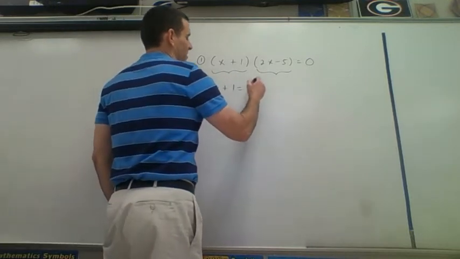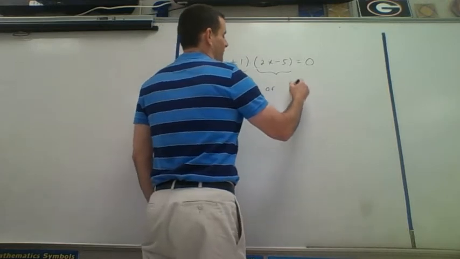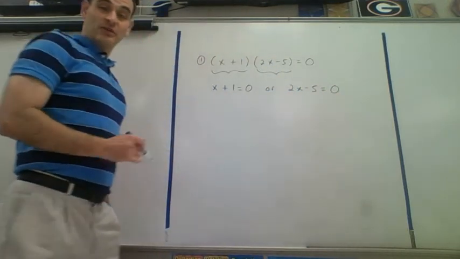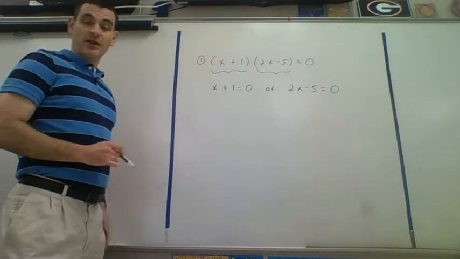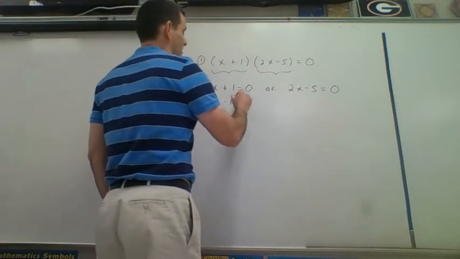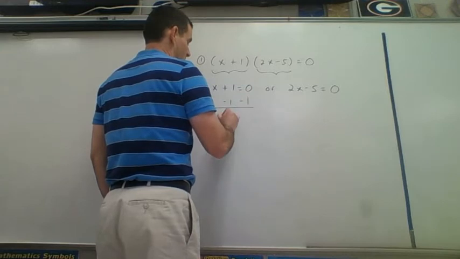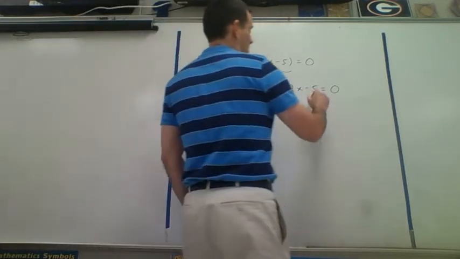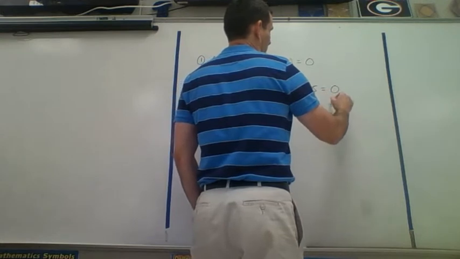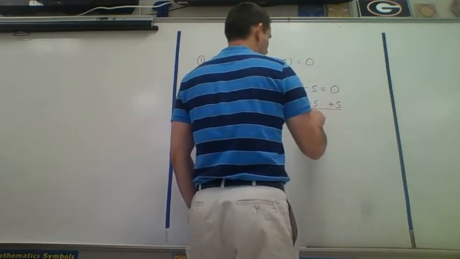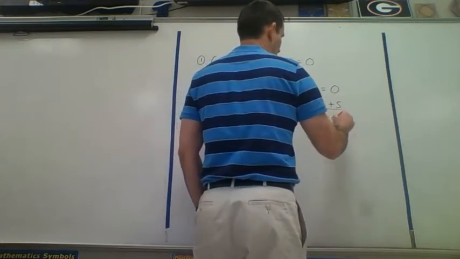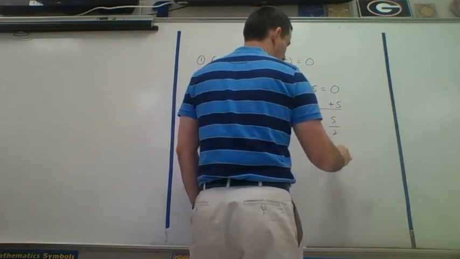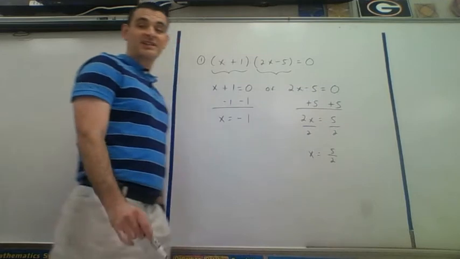X plus 1 equals 0, or 2x minus 5 is equal to 0. So I'm going to solve both of those separately. X equals negative 1, or x is equal to 5 halves.